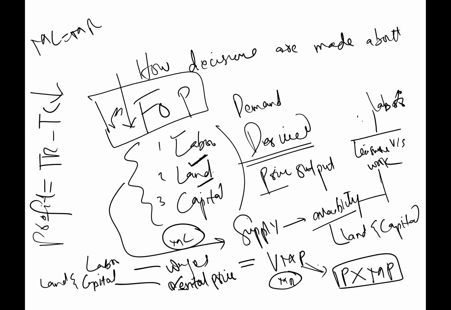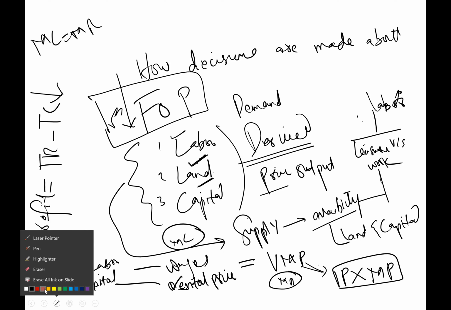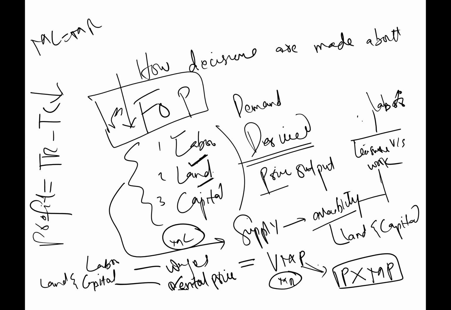For example, remember our discussion when we talked about if MC is greater than MR, we talked about reducing production.